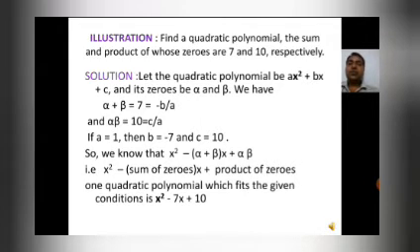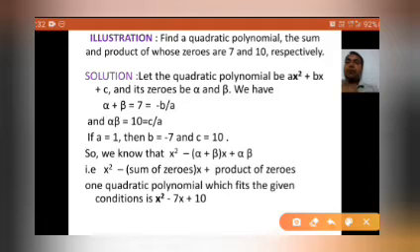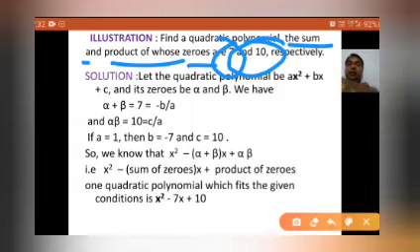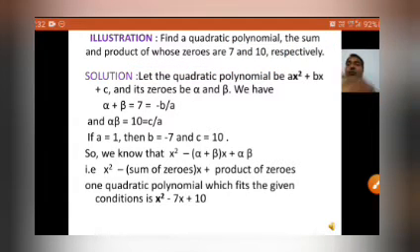That is, in this question, the sum of zeros is 7 and the product of zeros is 10. Given the sum of zeros and product of zeros, we have to find out the form of the quadratic polynomial.